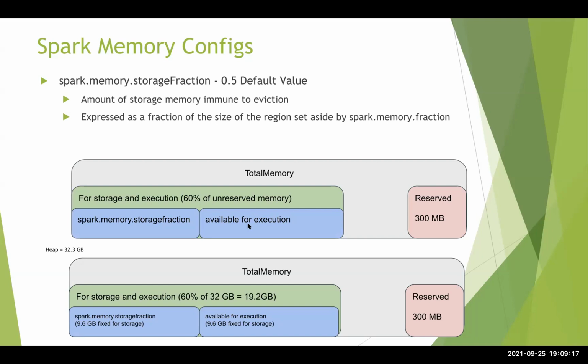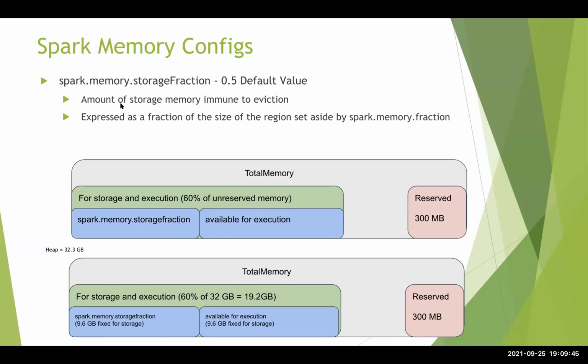Now, here's a trick. Generally 50% is available, correct? So out of 19.2, 50% is 9.6, which is available for storage. When you say storage, where we use persist and cache, that's storage. Execution, all your variables, broadcasted data and everything is part of this memory section.